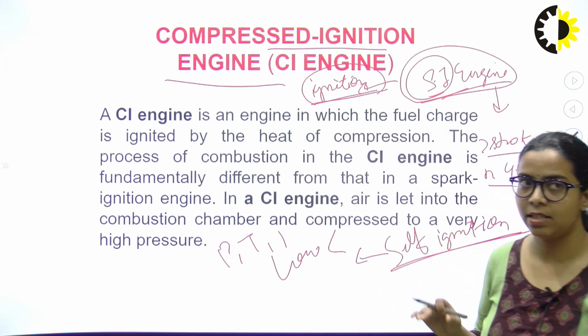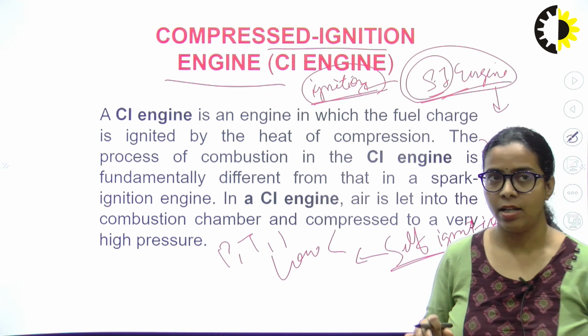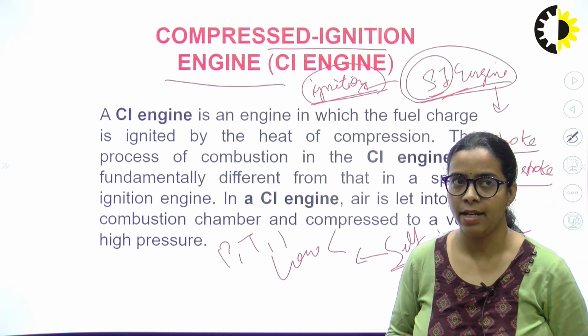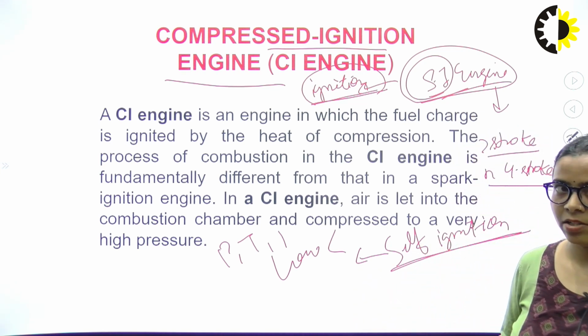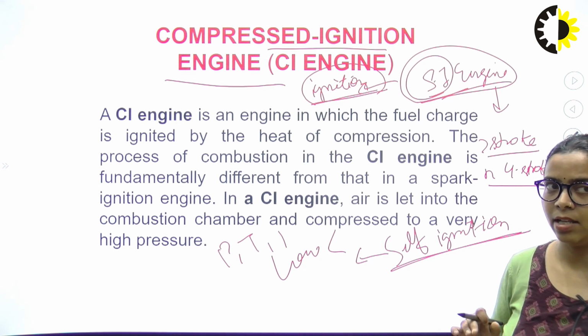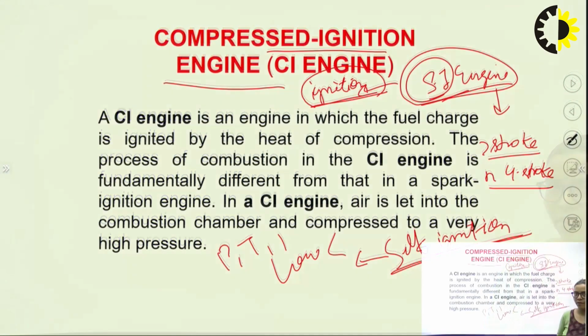So we can say a CI engine is an engine in which the fuel charge is ignited by the heat of compression, and the process of combustion in the CI engine is fundamentally different from that in a SI engine.